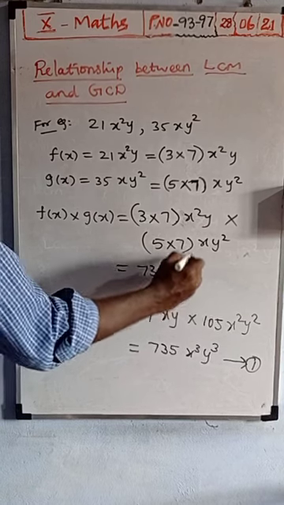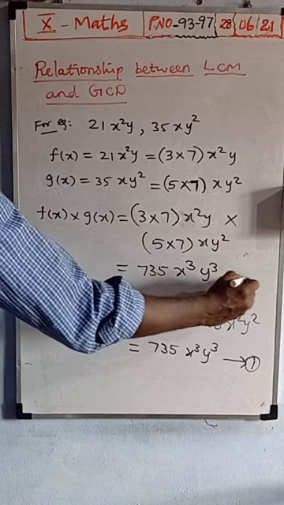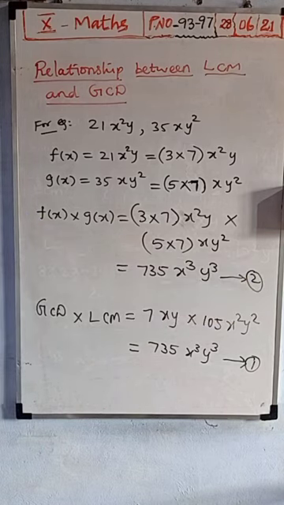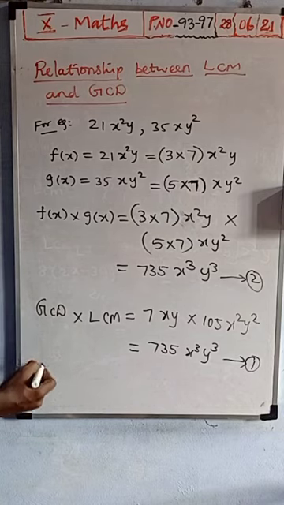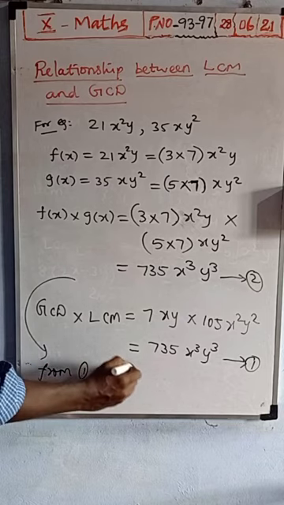So this x squared into x cube, y into y squared, y cube. So this is equation 2. So what is the relationship we received? See, from 1 and 2, at last here I am writing from 1 and 2. What is that?